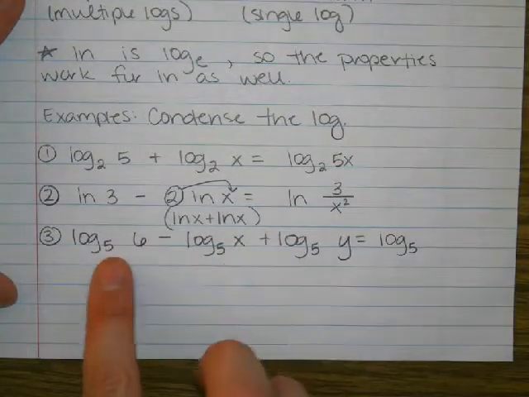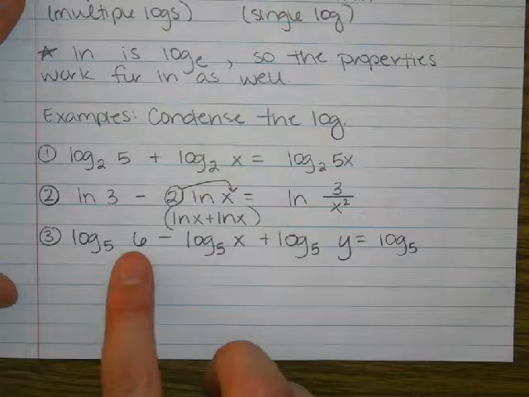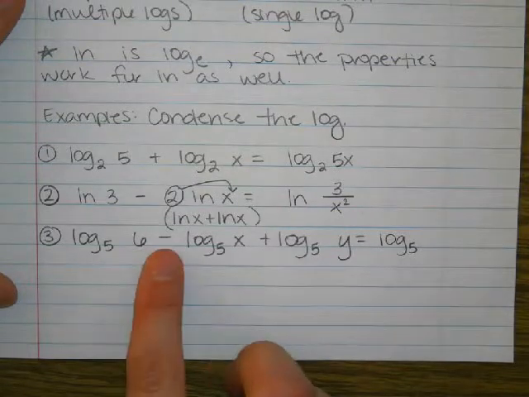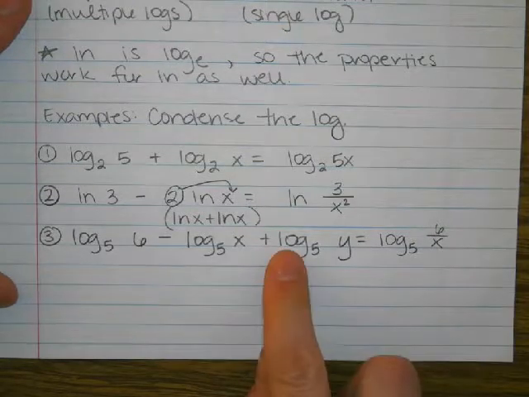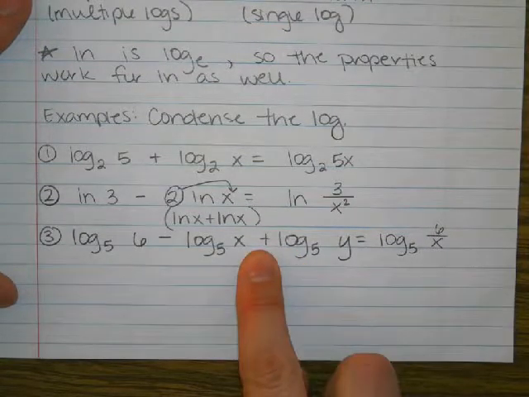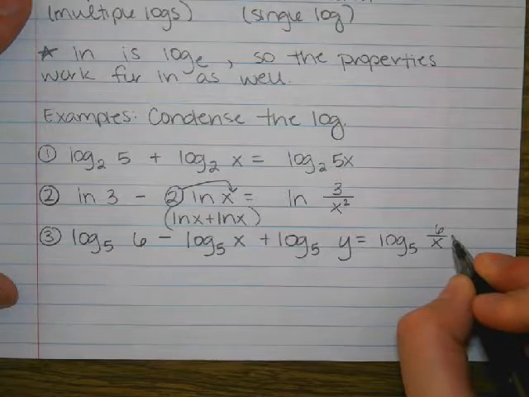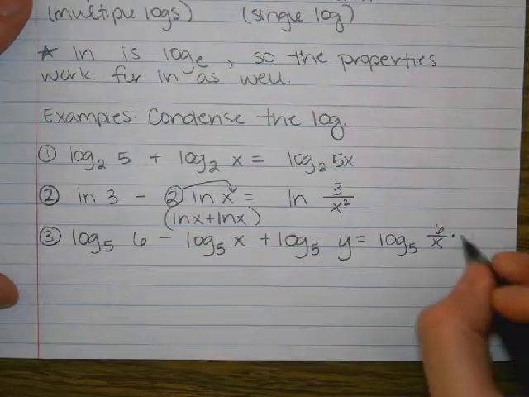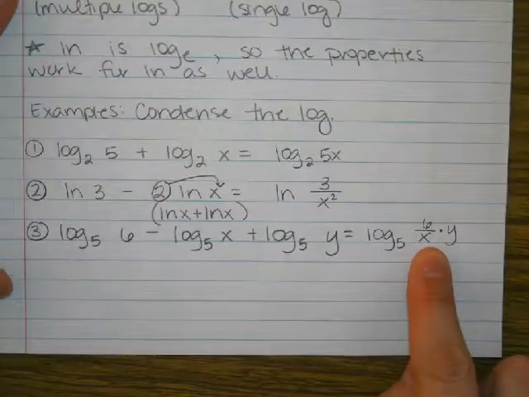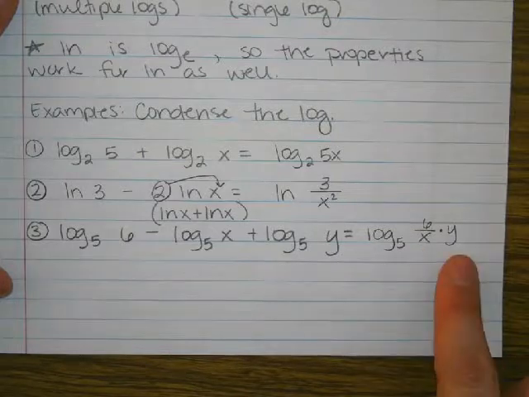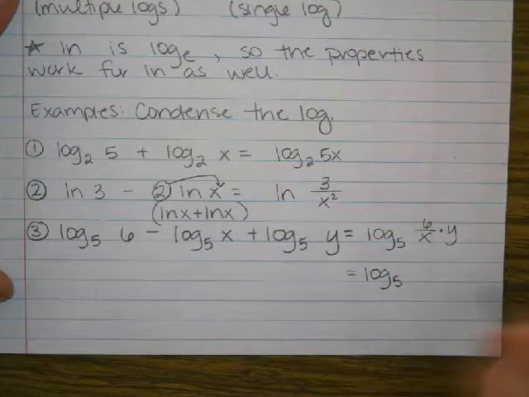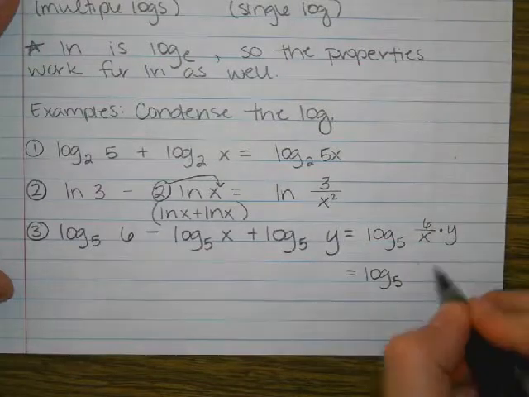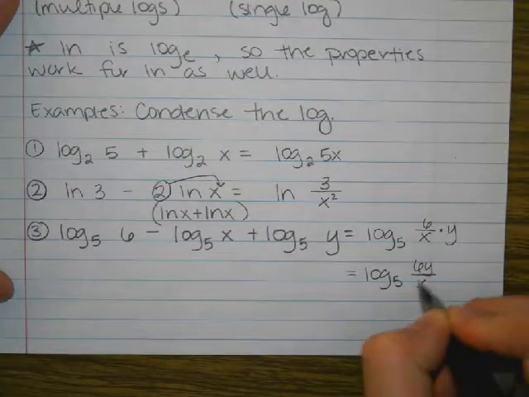And first I have a subtraction problem, so I'm going to say 6 minus x would be 6 divided by x. And then this part says plus, so that means this is going to be multiplied. So I'm multiplying this by y. And most of us would not write the problem like that. Most of us would write this together and would say this is log base 5 of 6y over x.